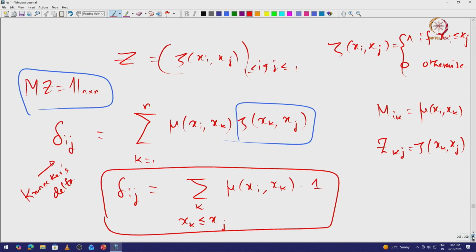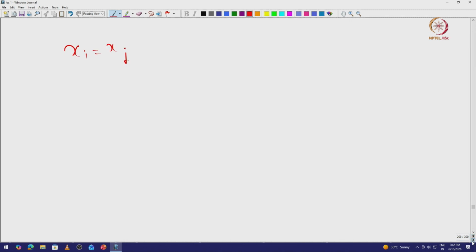Now, if x_i equals x_j, we are going to look at all the terms in this summation. Okay, first let us claim something about the Möbius function. The Möbius function indeed satisfies the property that mu of x_i x_k is 0 unless x_i is less than or equal to x_k.